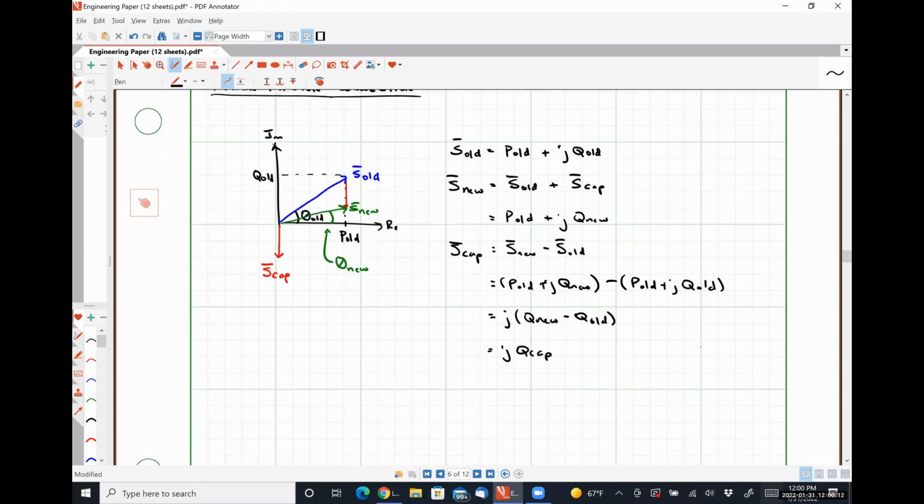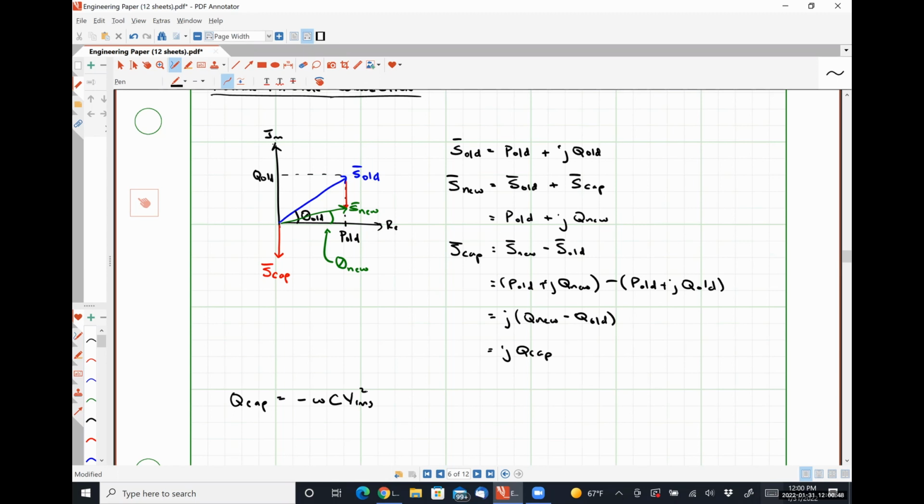Since Q cap is equal to negative omega C VRMS squared. Okay. So this is the reactive power absorbed by a capacitor, which is the imaginary part of negative j omega C VRMS squared.